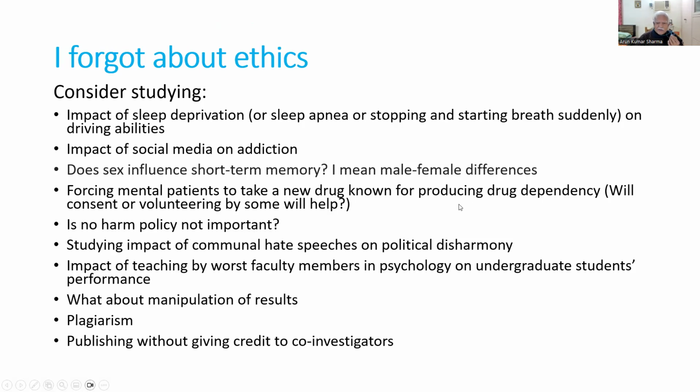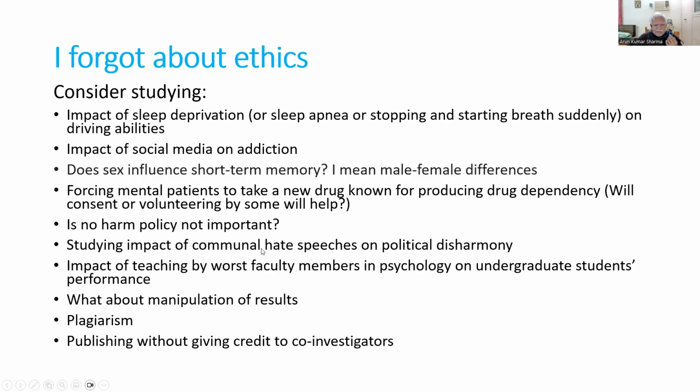Normally, for drugs for mental patients, it is said that you will take this drug for this much time only. But in many cases, it is found that the patients become drug dependent. So, are such experimentations okay? Is no harm policy not important, that your experiments should not do harm to people?